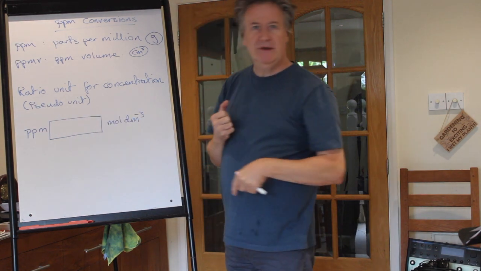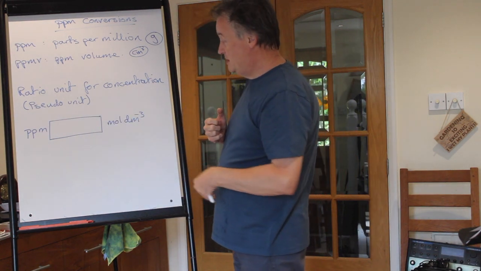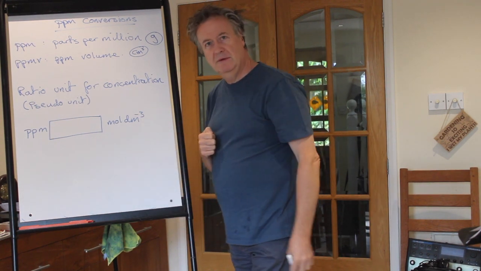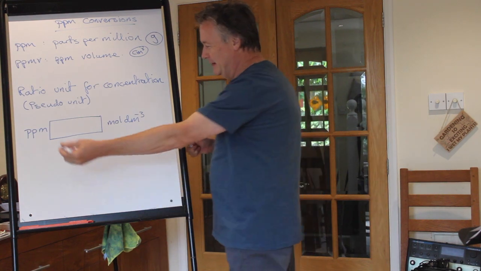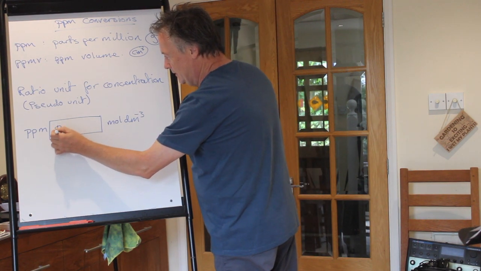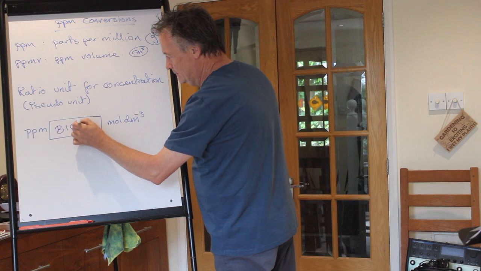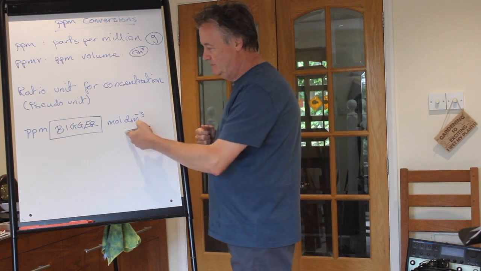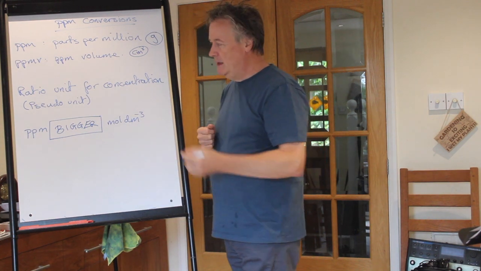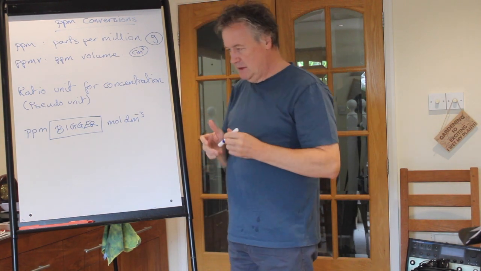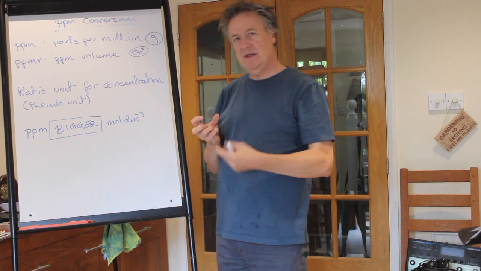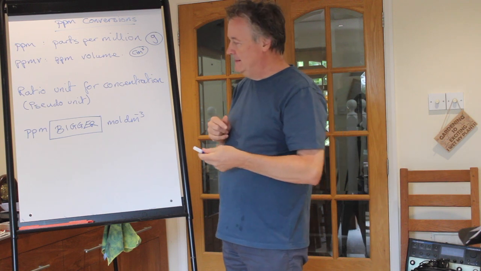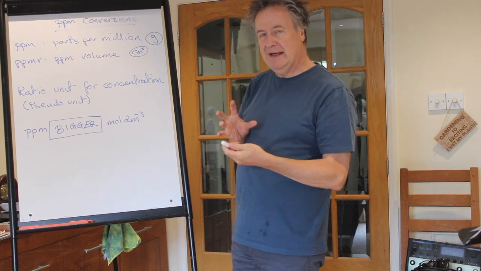So when you talk about what we're doing today, PPM, and particularly I was asked about moles per cubic decimetre, parts per million will be bigger than the moles per cubic decimetre. So why would you bother to do it? Well, when moles per cubic decimetre gets down to really small quantities like 0.00072, it looks quite ungainly.